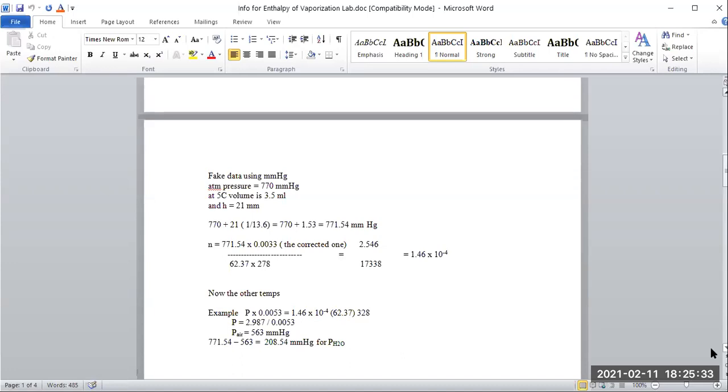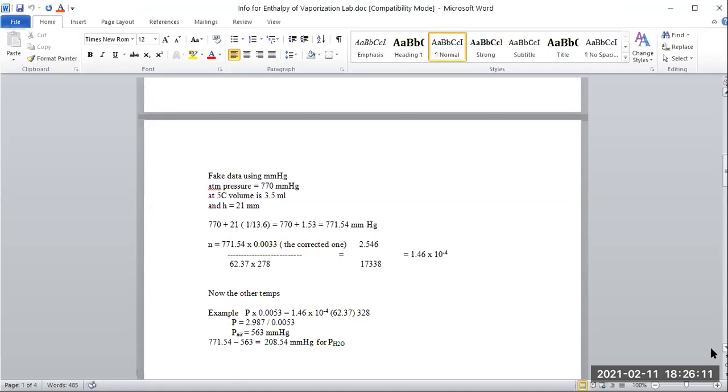So once you have looked up your 5 degrees Celsius, or maybe even a little bit smaller, value of your air bubble, you have to subtract 0.2 of a milliliter before you crunch it into this equation. This is taking into account the fact that your meniscus is upside down. So instead of using 0.0035, I corrected it very slightly to 0.0033.